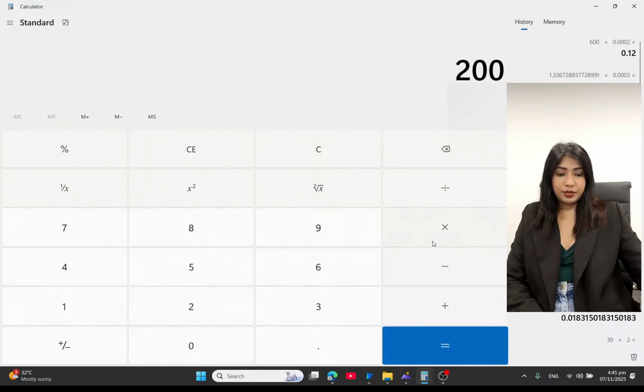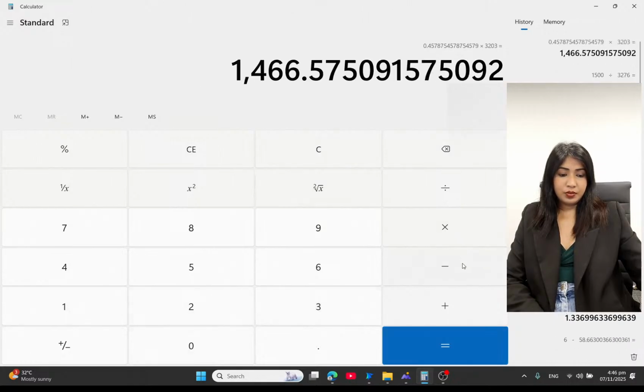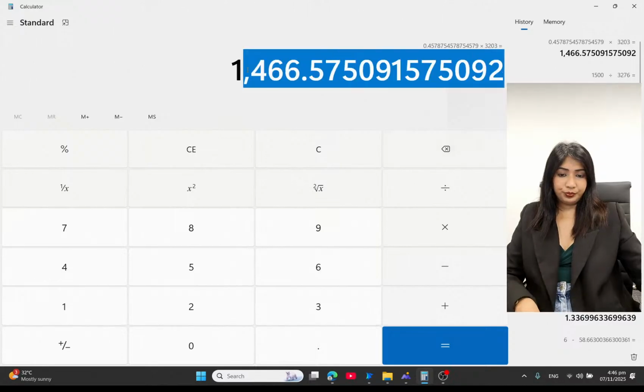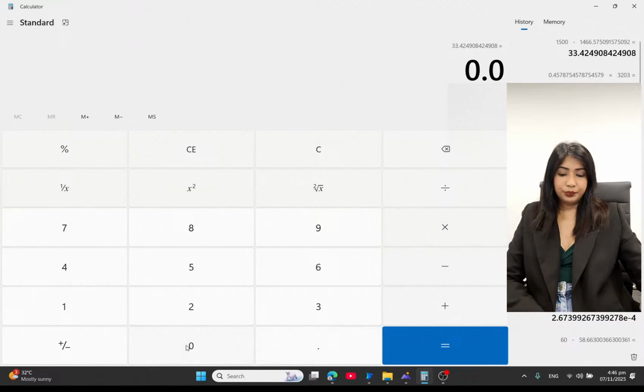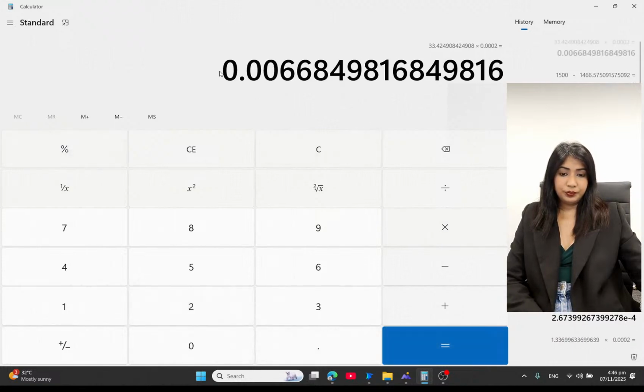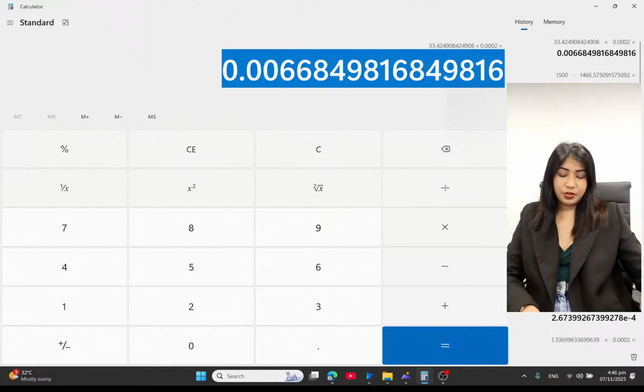Just a sec. 200, 100 into 15 divided by 3276. $33. Now this is your taker fees.